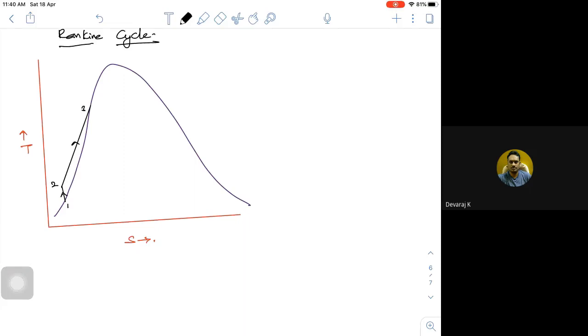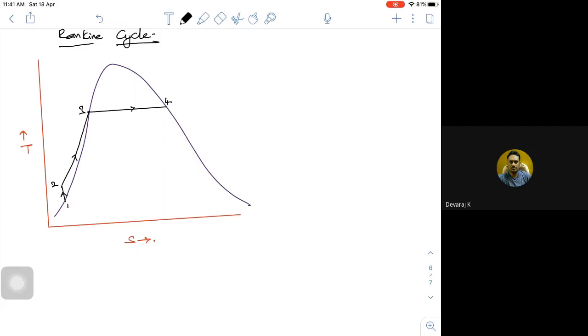So this is a curve. It's not a straight line. This is a 3. And if at the end of your boiler the condition of the steam is dry, I'll stop at 4, and this is the particular pressure.